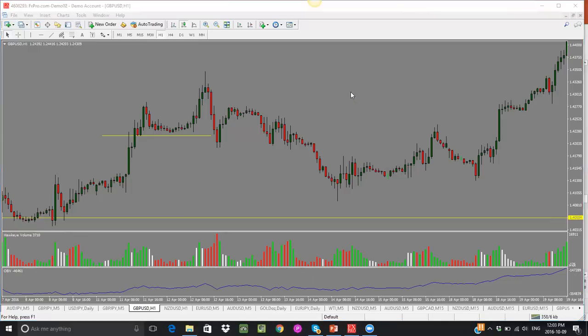So the tweezer tops and tweezer bottoms, any of the candlestick patterns that we actually look at, are strong indications. There's nothing that's definite in the Forex markets, because a news or a rumor could come into the market and change the direction of where the market is going.